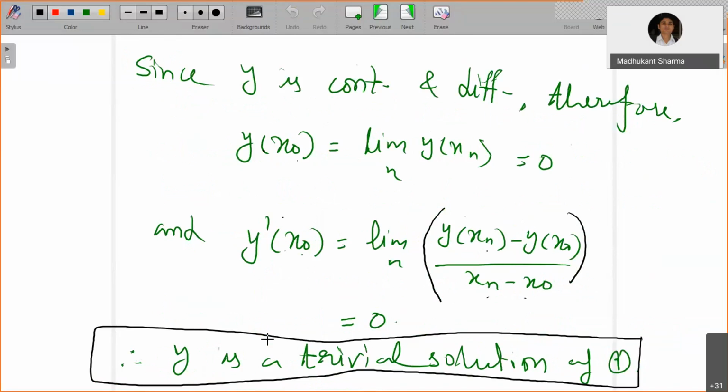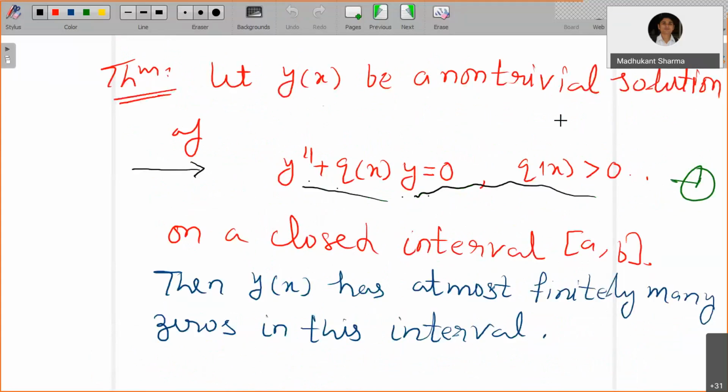But this is a contradiction to the fact that y is a non-trivial solution. So your assumption was wrong. Therefore, when y is a non-trivial solution of the corresponding equation where the coefficient of y is positive, then that solution will have at most finitely many zeros in the interval.